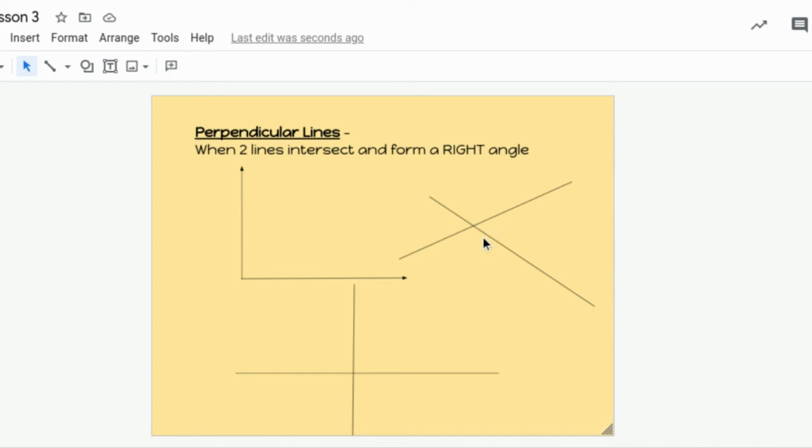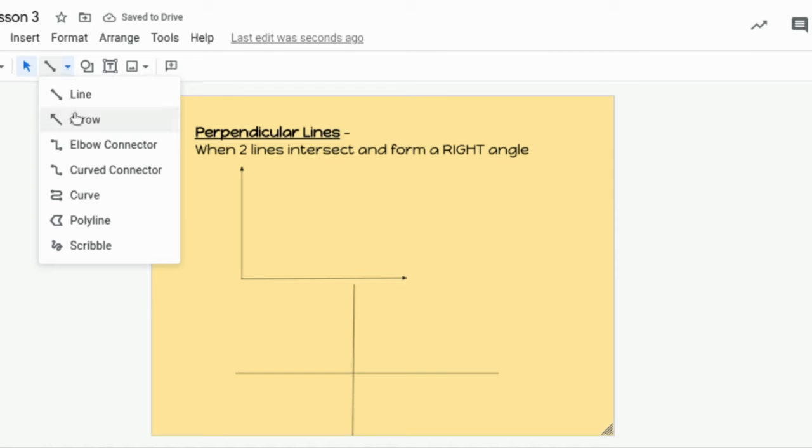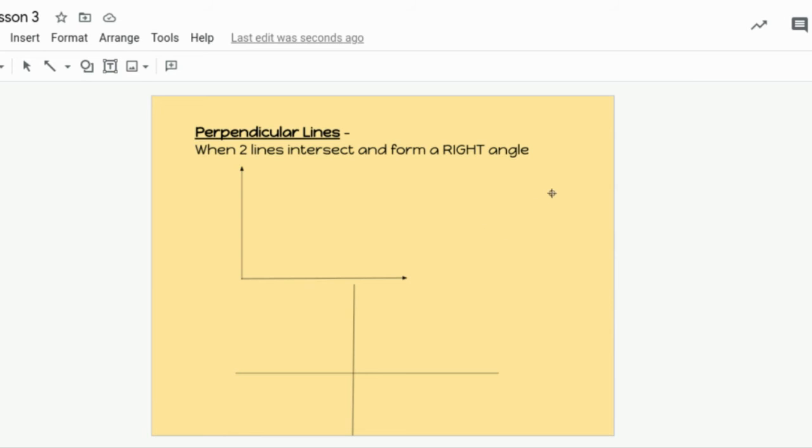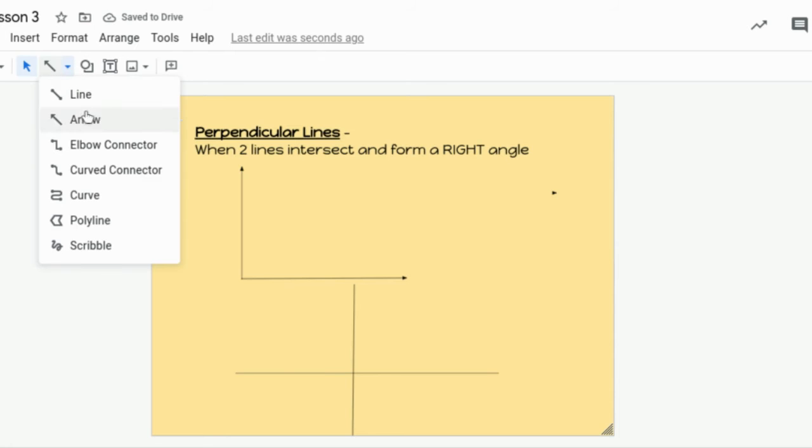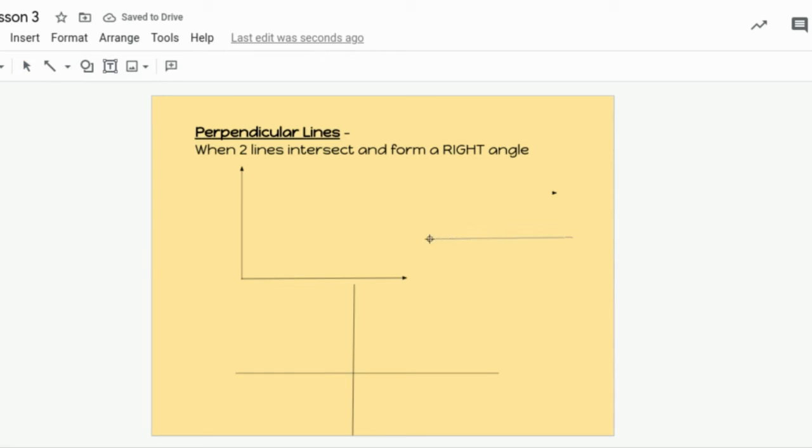Now, where it can get a little tricky is, remember, we're dealing with lines. Let's say we have a line here, and we had a line here.